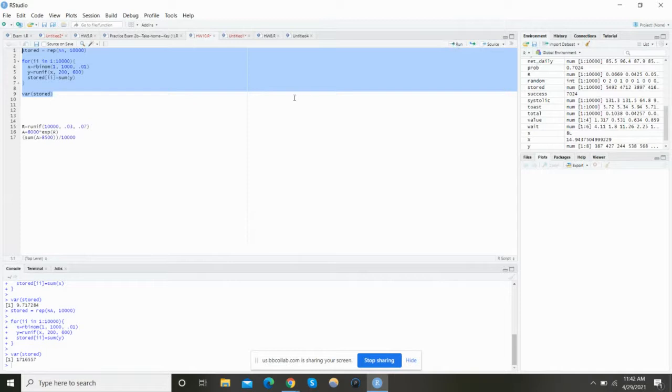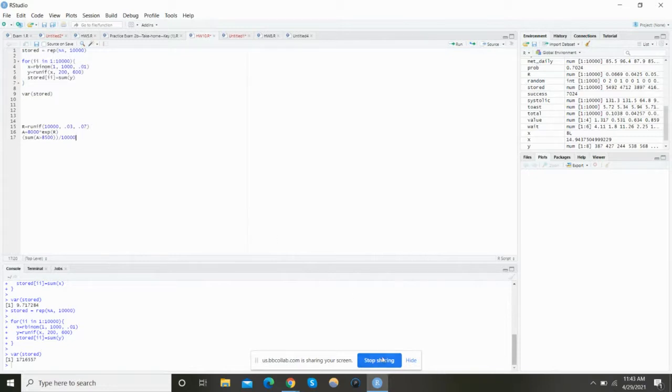Cool. So then, does that look all right? Let's see. Certainly looks more reasonable. Yeah, that looks in the same ballpark as what I got. Okay. Cool.